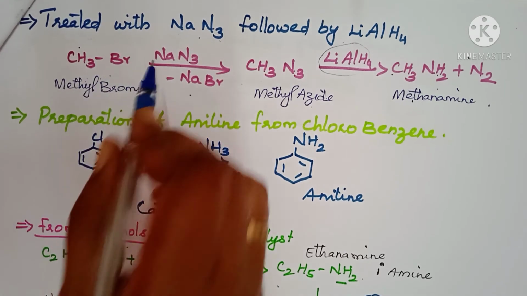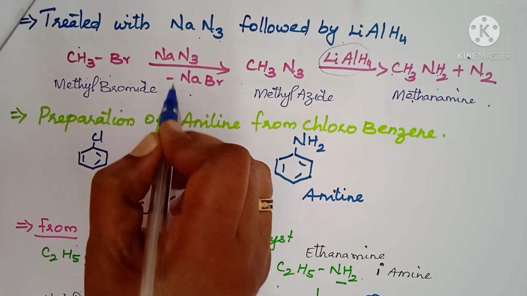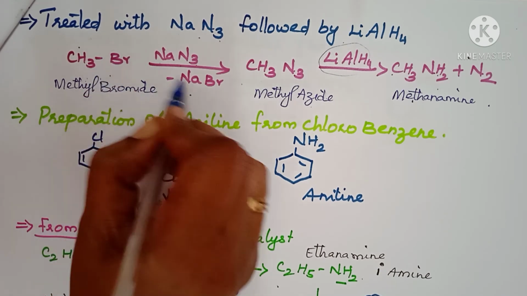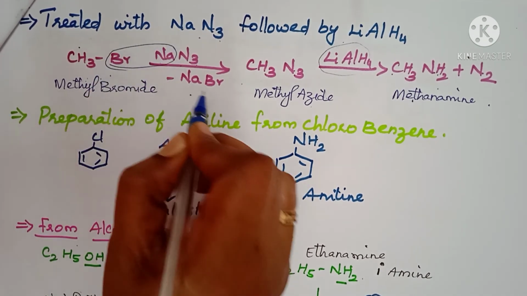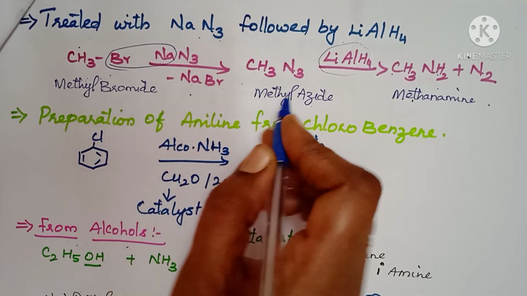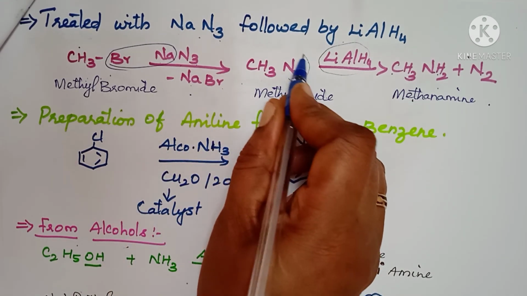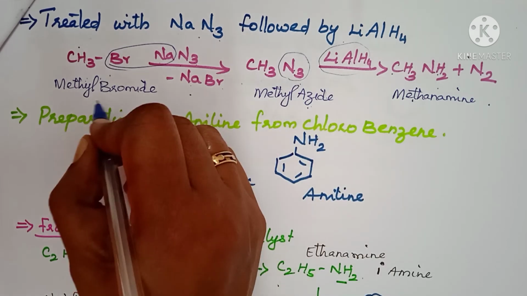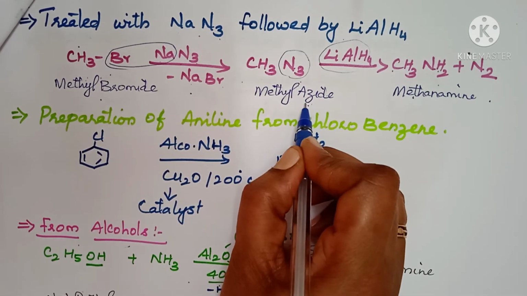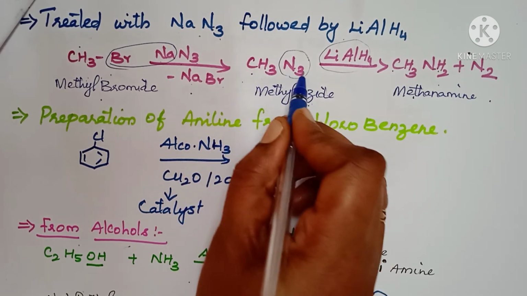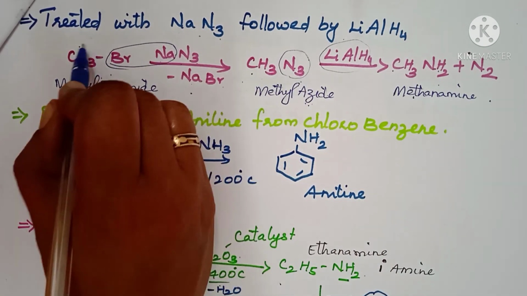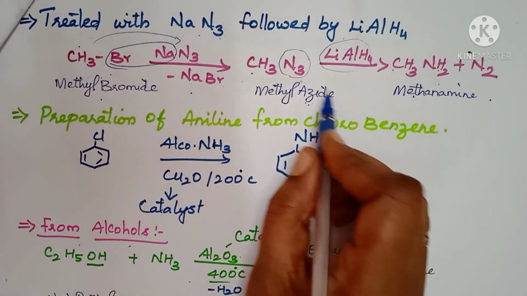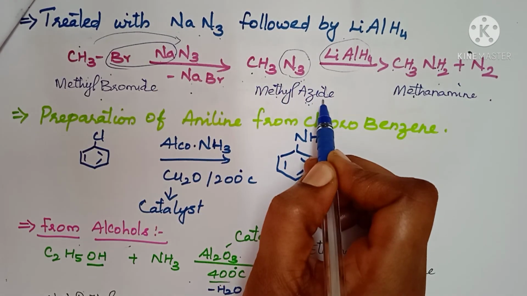Methyl bromide reacted with NaN3, NaBr is formed, and N3 is an azide. So methyl bromide converted into methyl azide, CH3N3.